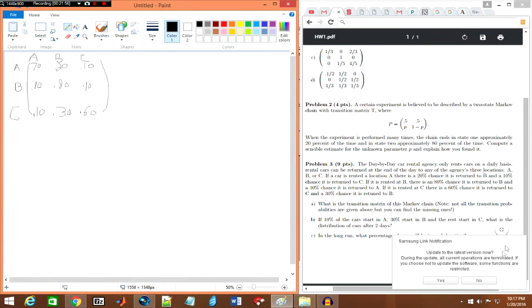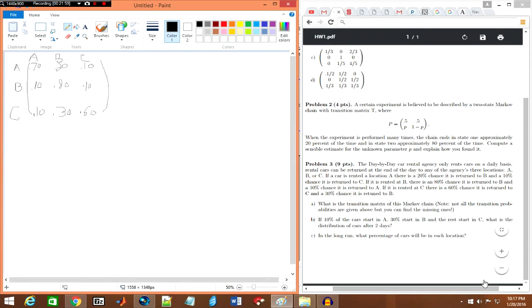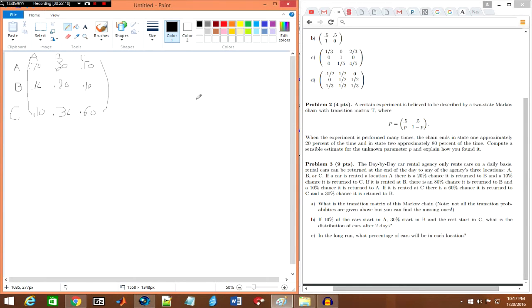Now we want to show, if 10% of the cars start in A, 30% start in B, and the rest start in C, what is the distribution of cars after 2 days? Well, it just so happens that if you have a distribution U, which is the starting distribution for a population, then U_N, which is the population distribution after N steps, is equal to U times the transition matrix to the nth power.